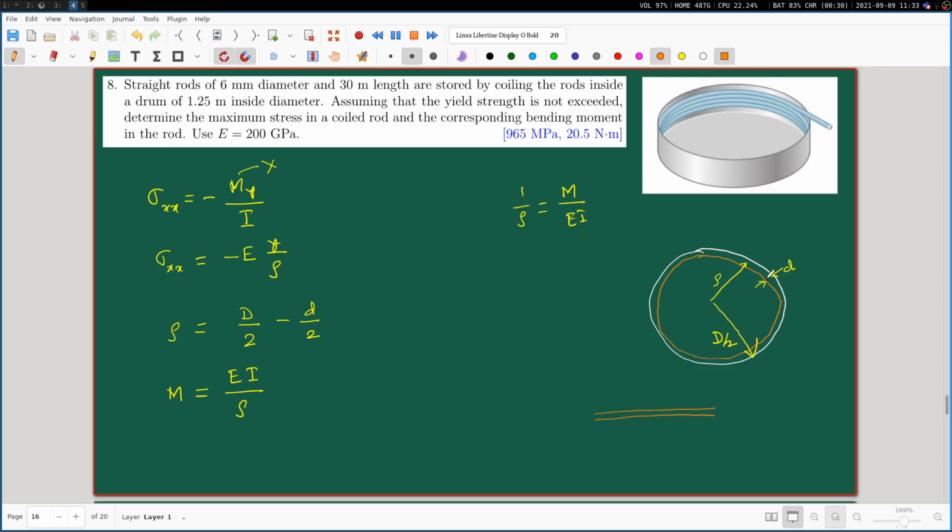It is present in this curved fashion only because of the radial direction forces exerted by the inner surface of the drum on this rod. Without those radial forces, it would just spring back to its straight configuration. So I just wanted to point this out to you.